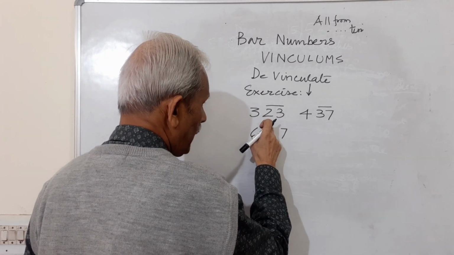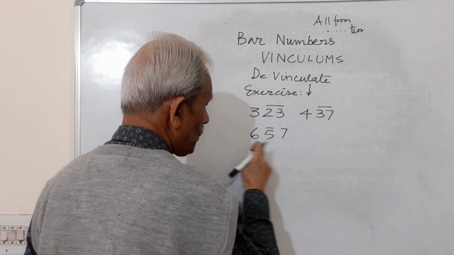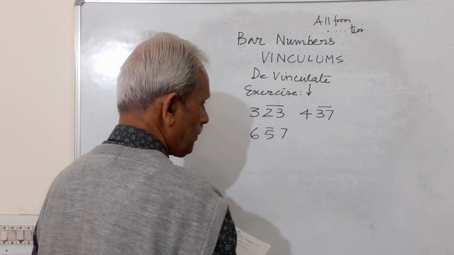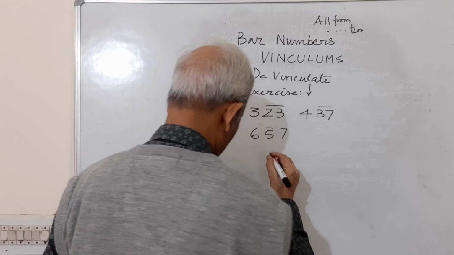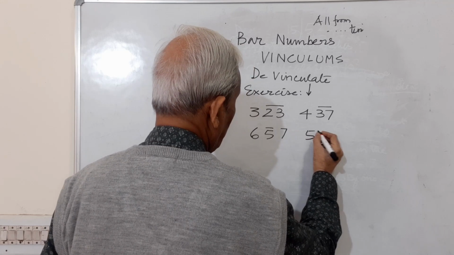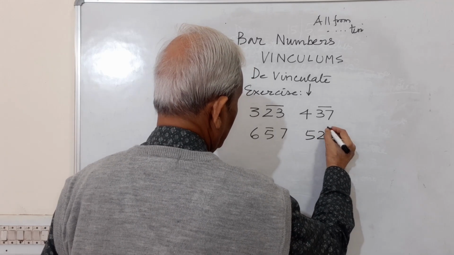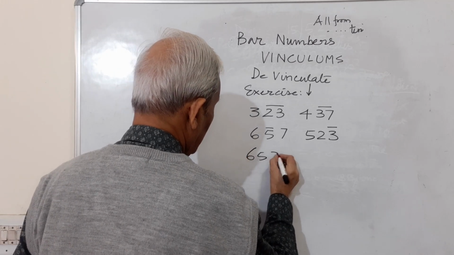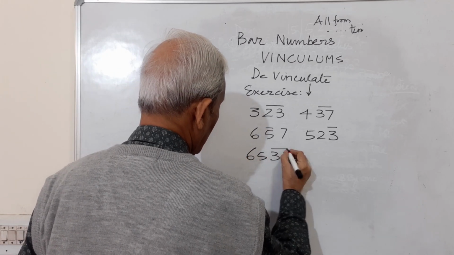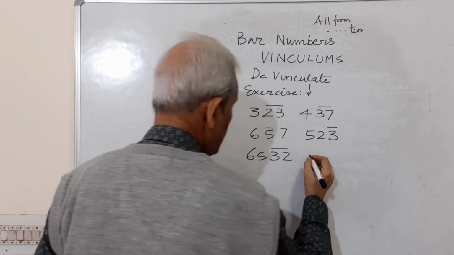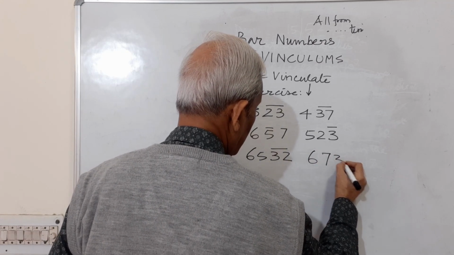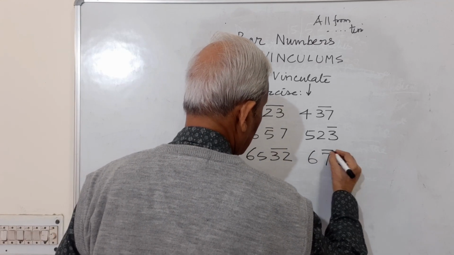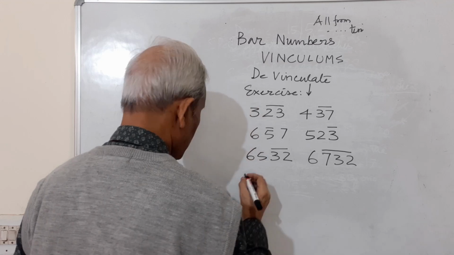This will reduce from 10 minus 5 is 5, and this will reduce by number 1. 6, 5, 7. Think over it. 5, 2, 3. 3 bar. 6, 5, 3, 2. 6, 7, 3, 2. Here all the 3 numbers are to be devinculated.